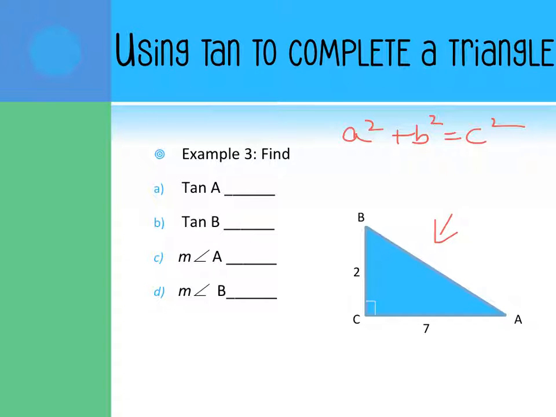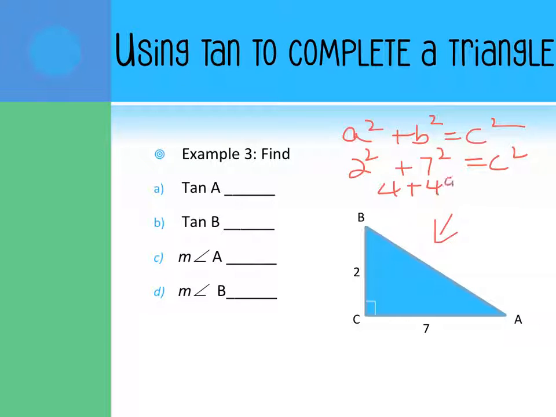So if it says complete the triangle, that means you need to find every missing piece. Now, technically, we don't need to find the length of the hypotenuse for our tangent ratio, but if it says complete the triangle, we would have to. So we would go ahead and plug in, and they gave us the two legs, so a squared, and I could say this one's b squared, and I don't know c squared.